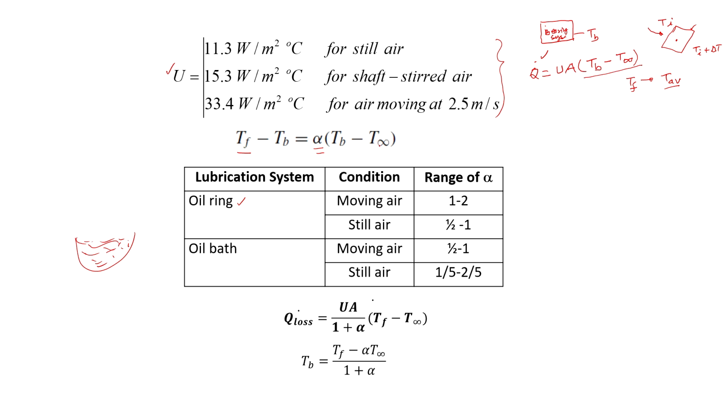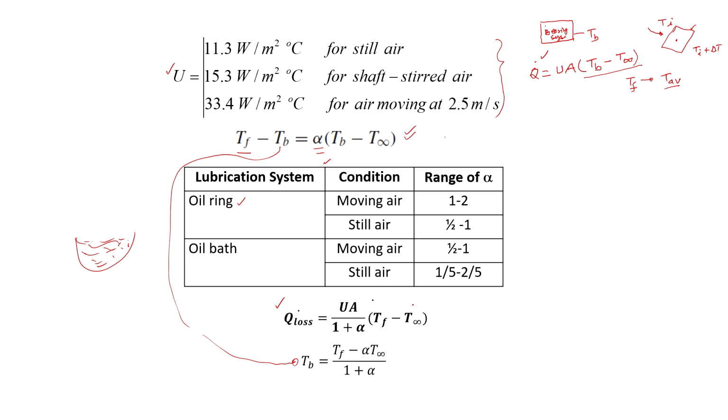So, Tf minus T infinity is obtained from this equation, and from this equation we got Tb is equal to Tf, the fluid temperature, plus alpha times the atmospheric temperature, divided by 1 plus alpha. And so, the heat loss rate can be obtained as U, the overall heat transfer coefficient, multiplied by the lateral area of the housing divided by 1 plus alpha obtained from this table, multiplied by the fluid film temperature minus the atmospheric temperature.